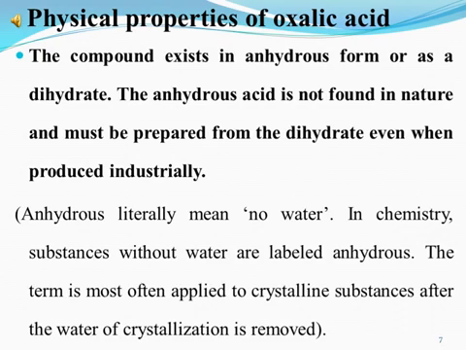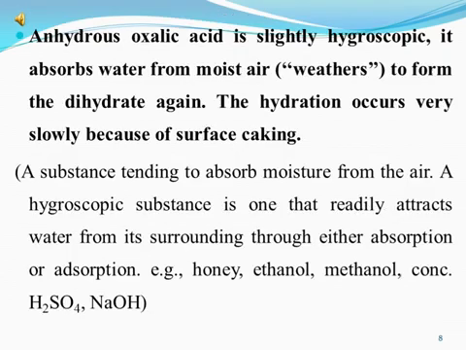The term is most often applied to crystalline substances after the water of crystallization is removed. Anhydrous oxalic acid is slightly hygroscopic. It absorbs water from moist air to form the dihydrate again. The hydration occurs very slowly because of surface caking.